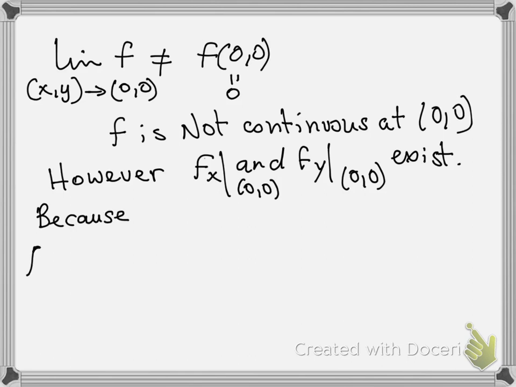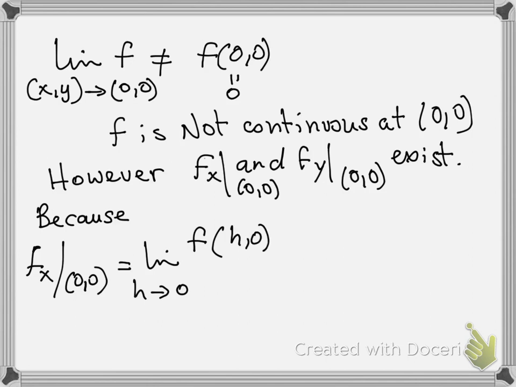Let's compute. What's partial f, partial x at (0, 0)? By definition, that's the limit as h goes to 0 of f of (0 plus h, 0) minus f of (0, 0), over h.